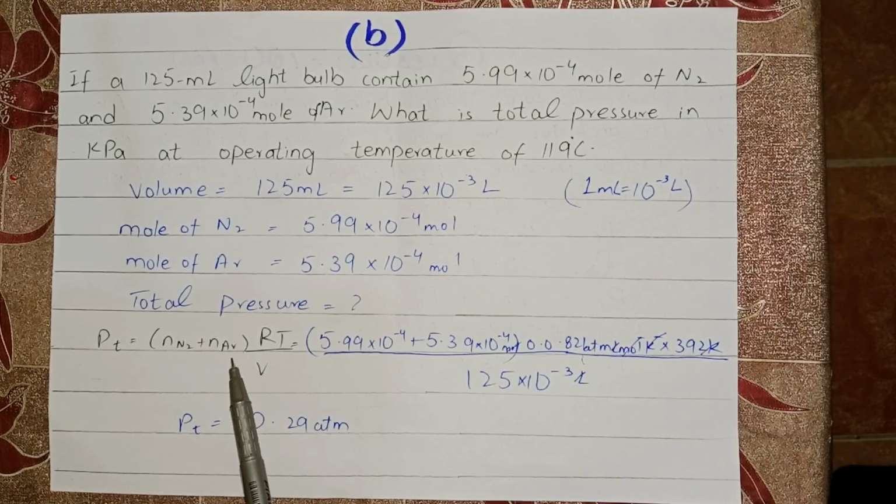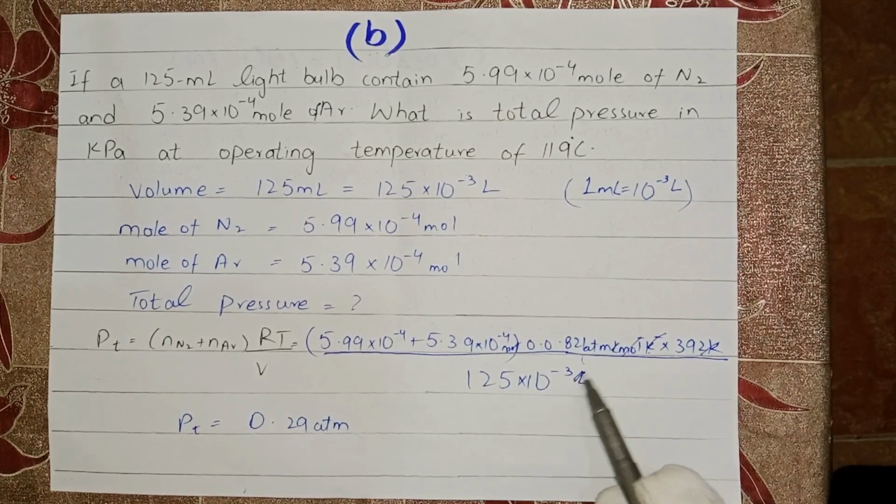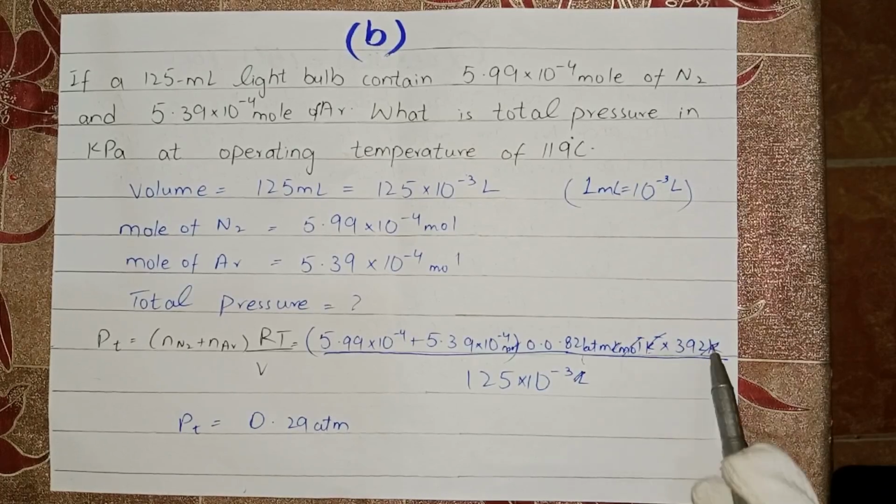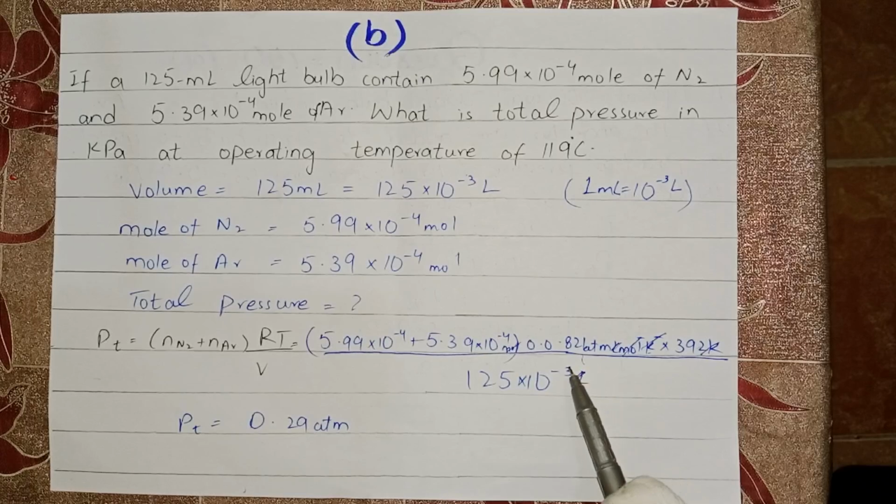We put all values into this equation: moles of nitrogen 5.99 into 10 to the power minus 4 plus 5.39 into 10 to the power minus 4 moles of argon, universal gas constant 0.0821 atm liter per mole per Kelvin, temperature 392 Kelvin, and volume 125 into 10 to the power minus 3 liter. Liter is cancelled with liter, mole with mole, Kelvin with Kelvin. We are left with one unit, which is atm.